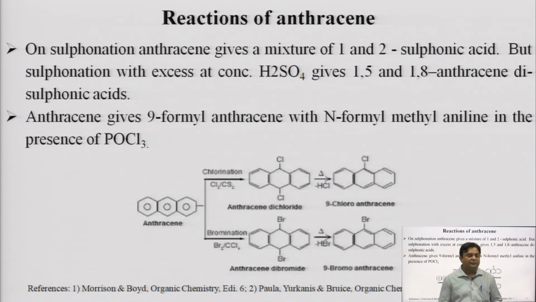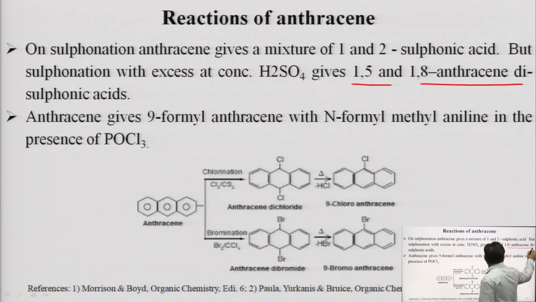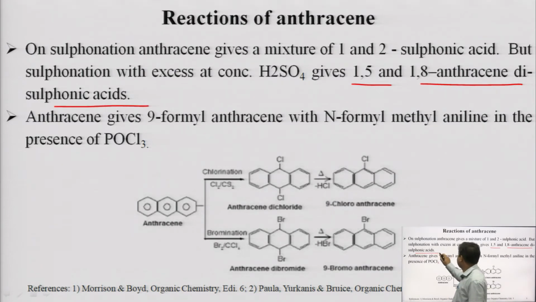As I have said, sulfonation takes place at the 1 and 2 positions; you have to memorize it as an example. On sulfonation, anthracene gives a mixture of 1 and 2 sulfonic acids, but sulfonation with excess concentrated H2SO4 gives the substituted products 1,5 and 1,8 anthracene disulfonic acid.